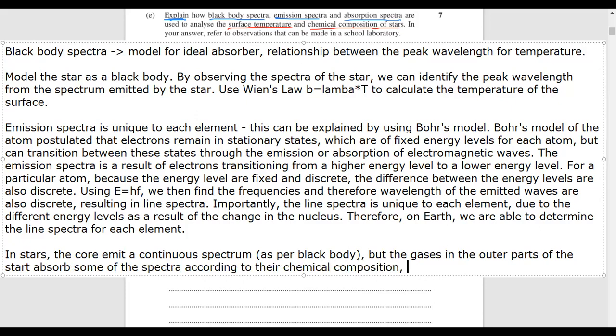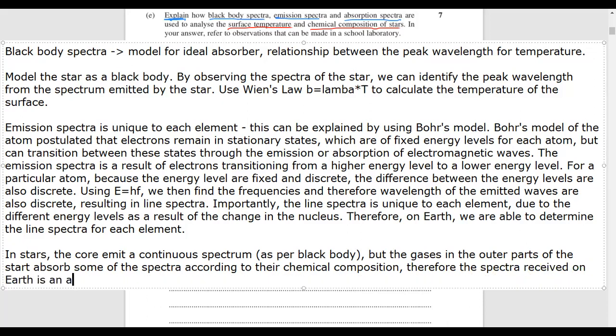And because you are absorbing it according to the chemical composition, as a result of that, you're going to end up having an absorption spectrum. So the spectra received on Earth is an absorption spectrum.